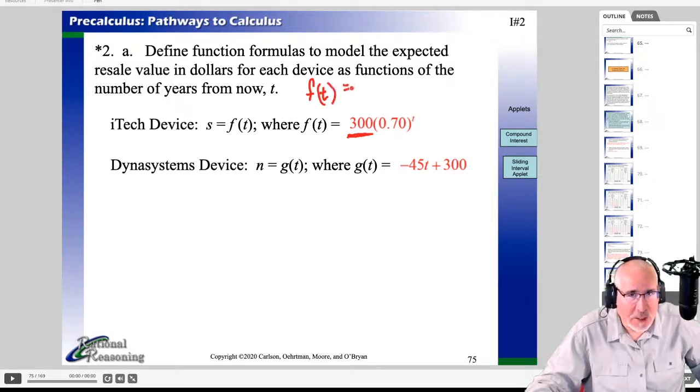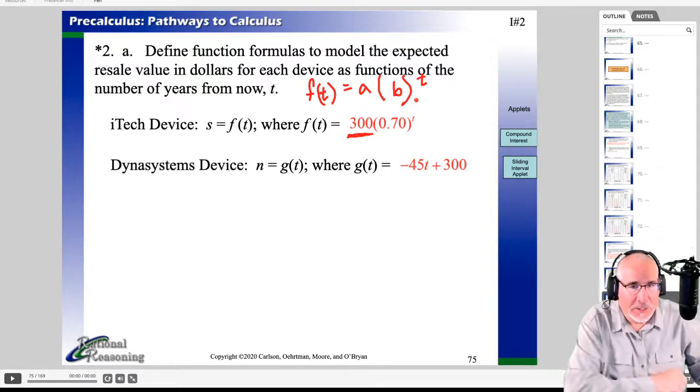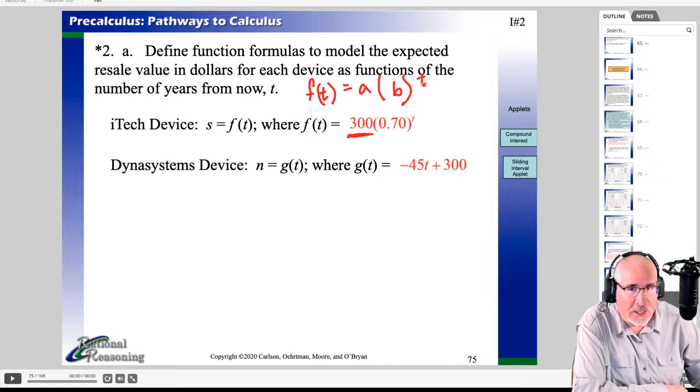Y equals a, that's the starting value, times the base raised to the exponent. What we're going to see is that the exponent is the number of years. Okay, and what we see for the value of the base, that that is in relation to 100%.